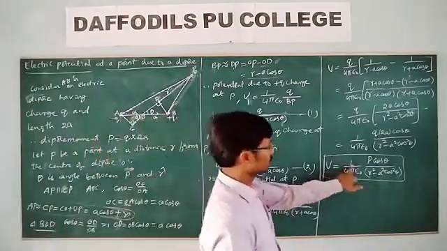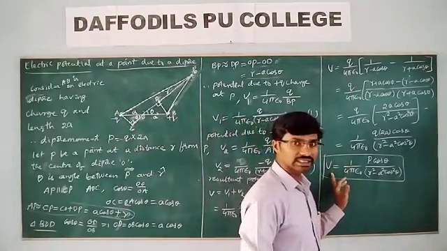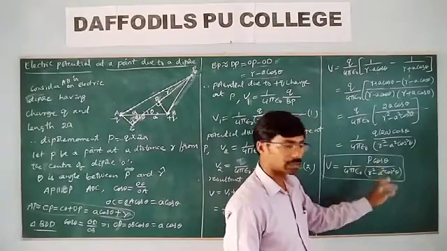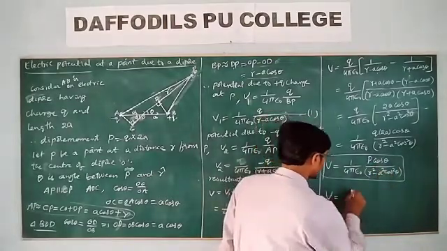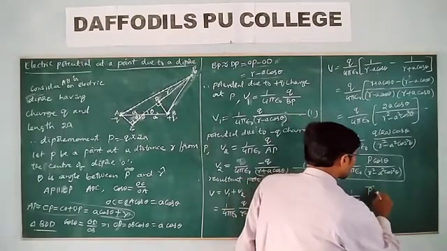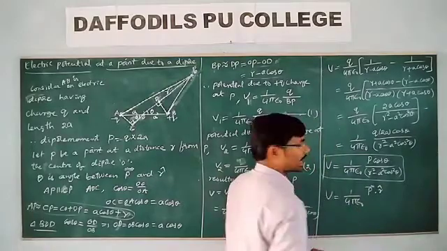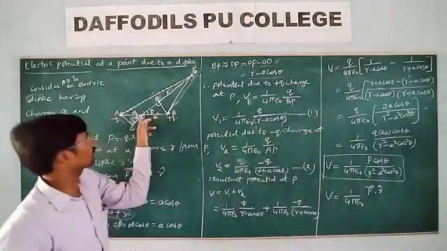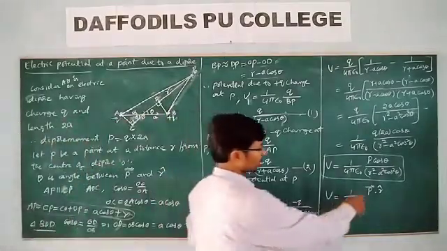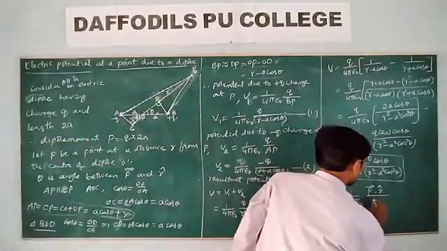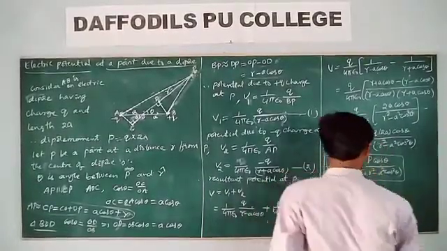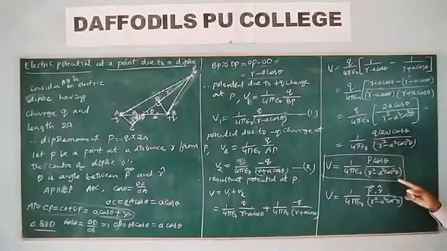And remember, is electric potential a scalar or vector? It is a scalar. But this p cos theta can be written as V is equal to 1 by 4 pi epsilon naught p vector dot r cap, where r cap is the unit vector along OP, by R square minus a square cos square theta.